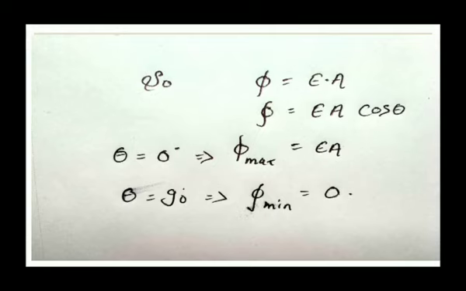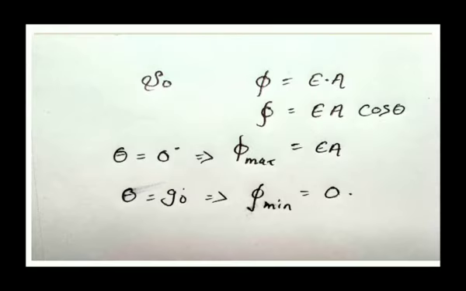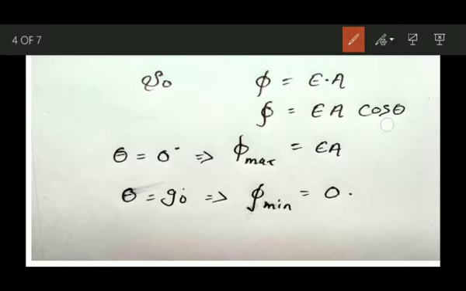Now combining all the above quantities and forming the mathematical formulation, phi is equal to E dot A, phi is equal to EA cos theta. Here we can also say that the flux is the product of the magnitude of the electric field and the surface area A. The value of flux is maximum when theta is equal to 0.